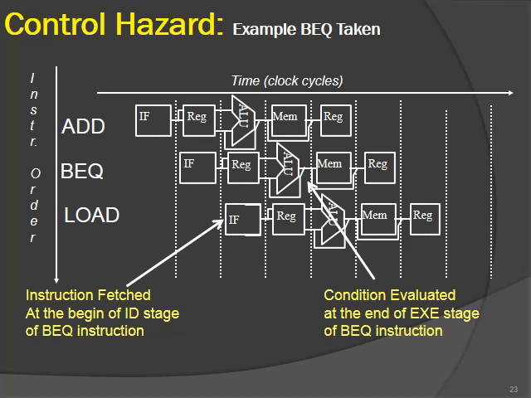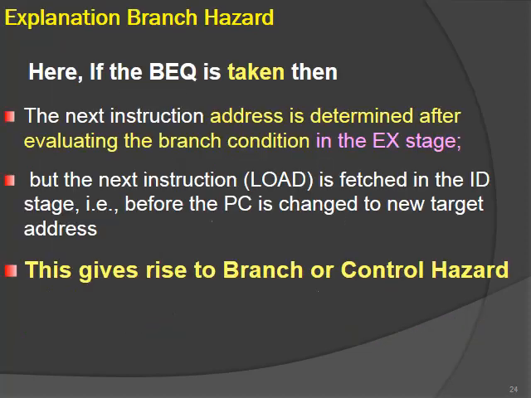So for instruction 2, that is the branch equal instruction, during the ALU stage or the execution stage, this condition is evaluated at the end of the execution stage. So if the branch condition is taken, then the next address is determined after evaluating the branch condition.